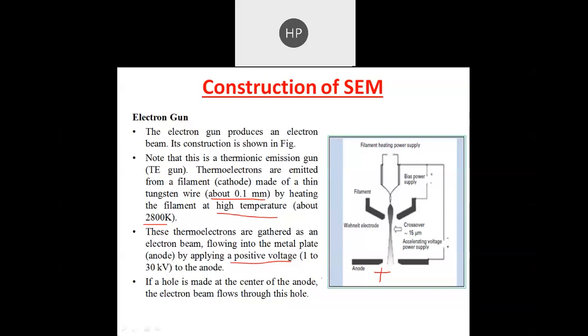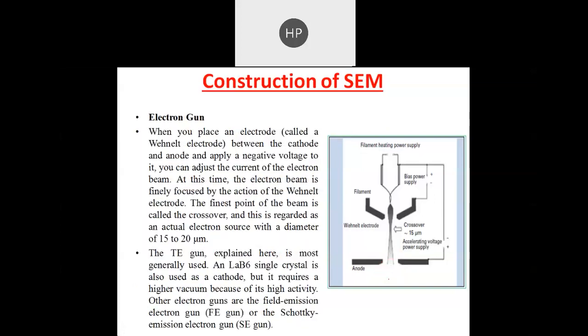And if a hole is made at the center of the anode, as you can see here, the electron beam flows through this hole.